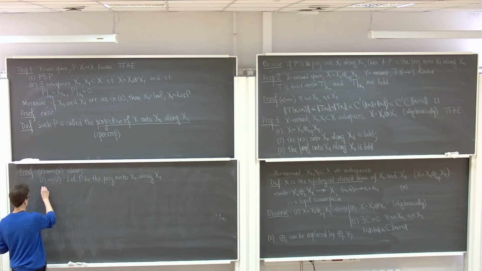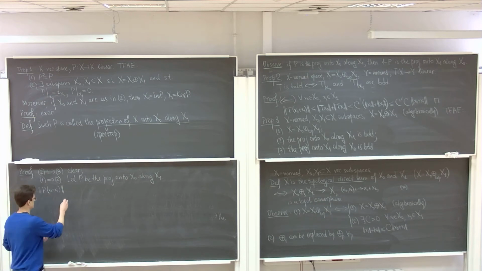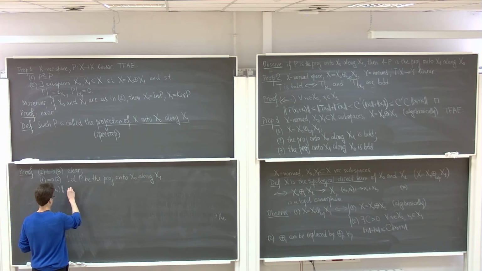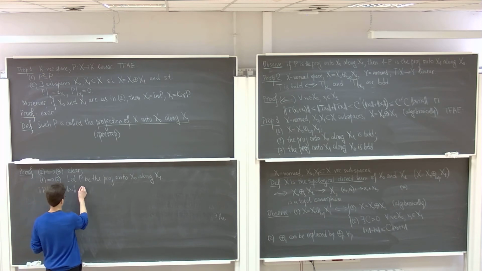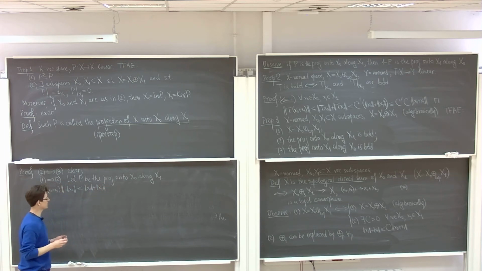Well, indeed, if we apply P to the sum of two vectors, X0 and X1, from the respective subspaces, this is by construction just X0. So the norm of X0 is, of course, less than or equal to the norm of X0 plus the norm of X1.